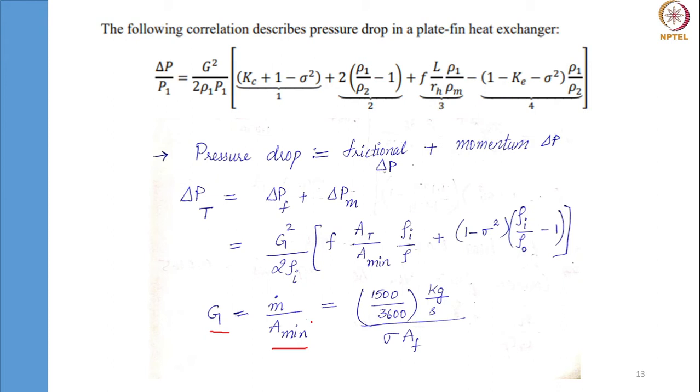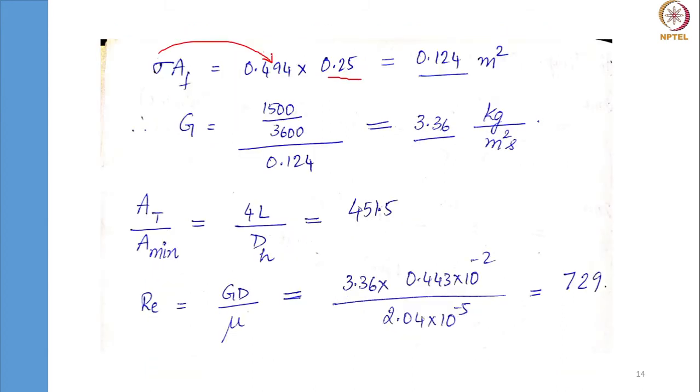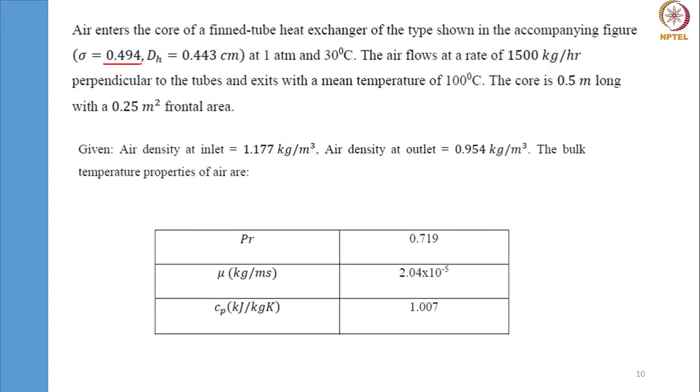The frontal area is given as 0.25 meter square, and sigma, one of the fin geometrical parameters, is given as 0.494. Once I get sigma AF, that is 0.124 meter square, I am ready to find G, that is 3.36 kg per meter square second.